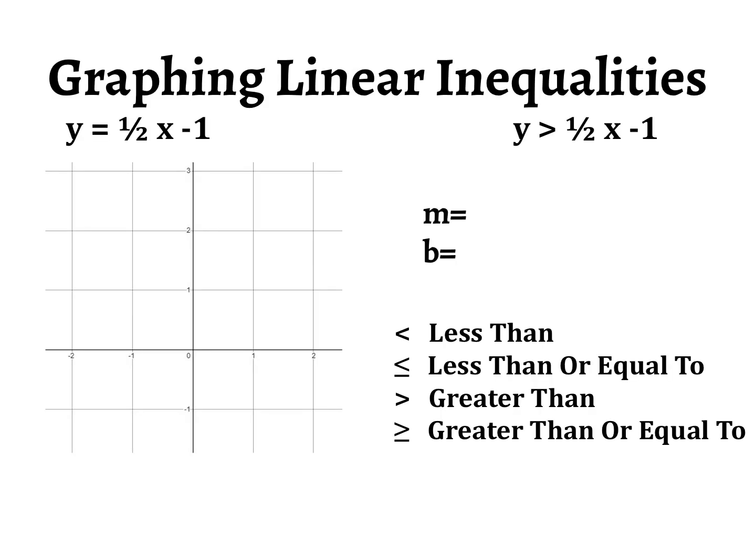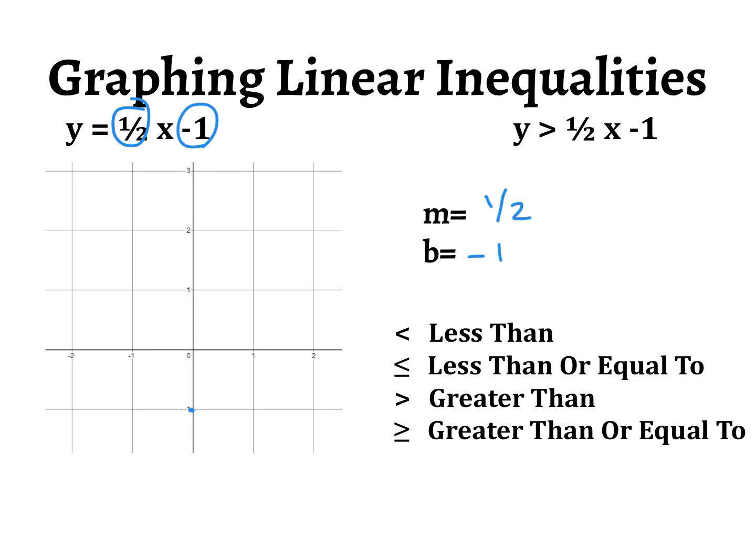Graphing a linear inequality is going to be very similar to graphing a linear equation. Throughout the year we've discussed how to graph a linear equation by looking at the slope and the y-intercept, right? If you can identify the slope as 1/2 and the y-intercept as -1, you would first start by going to the y-intercept on the y-axis at -1 and then following the slope.